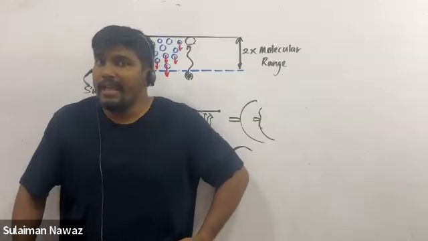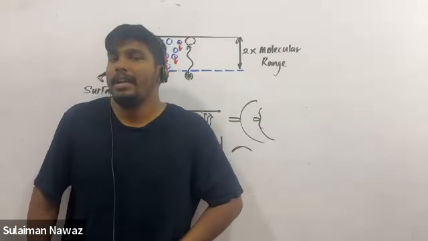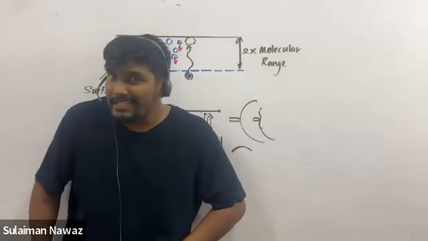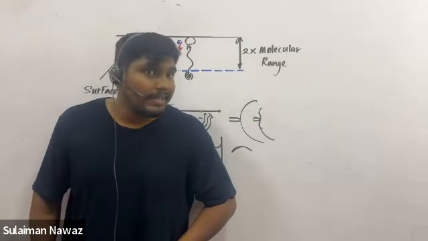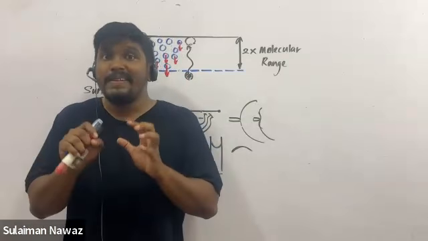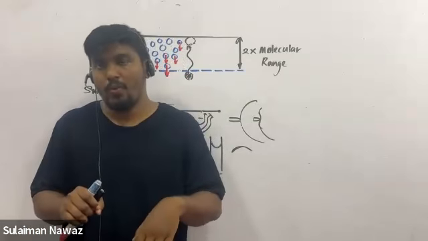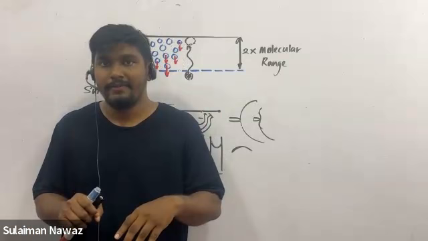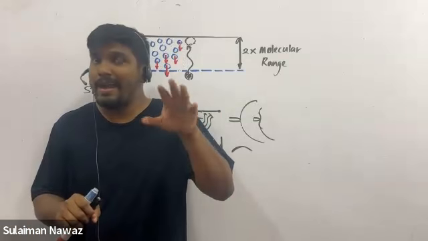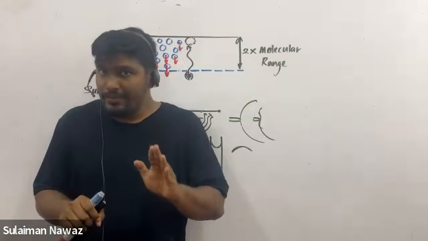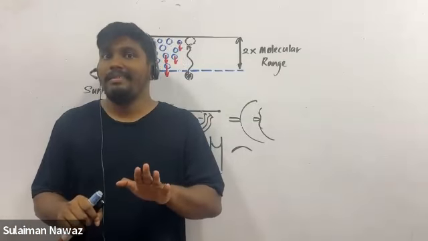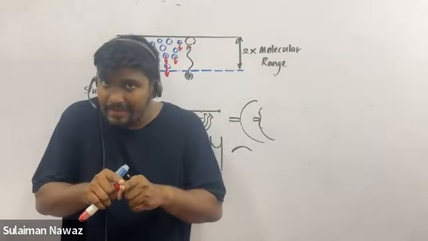If there are a low number of particles on the surface, the surface area should be low. Am I correct? When it reduces the number of particles in the surface, that surface area will become low.